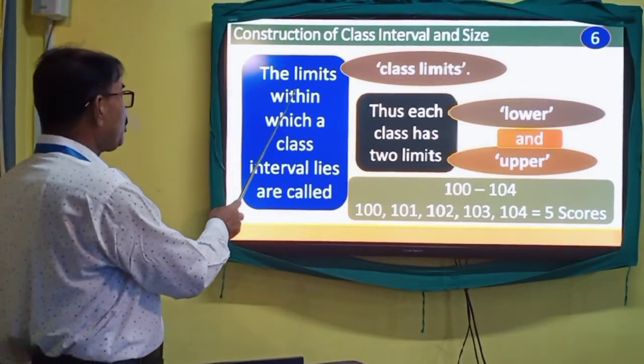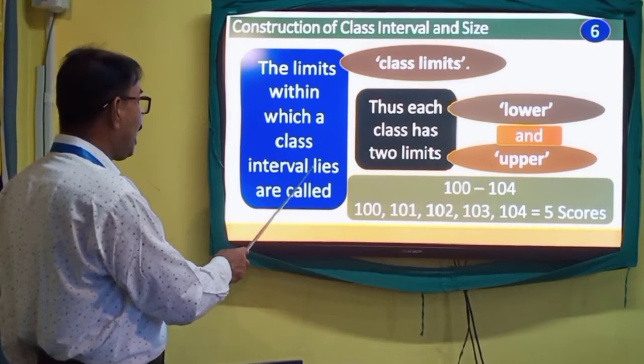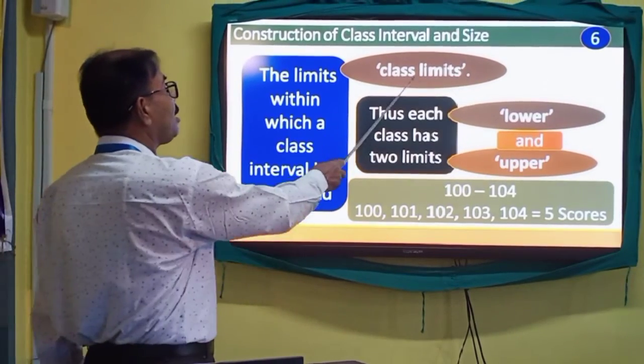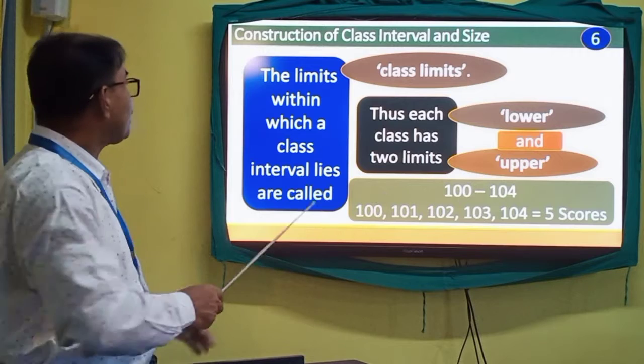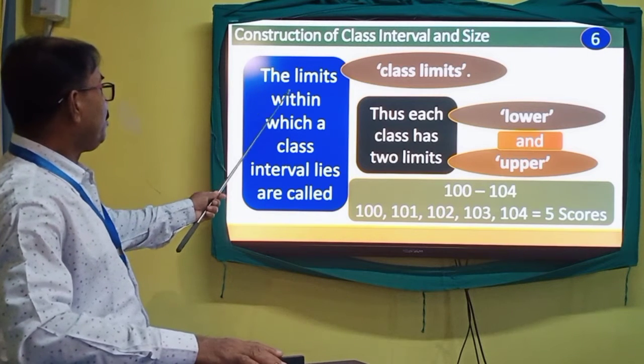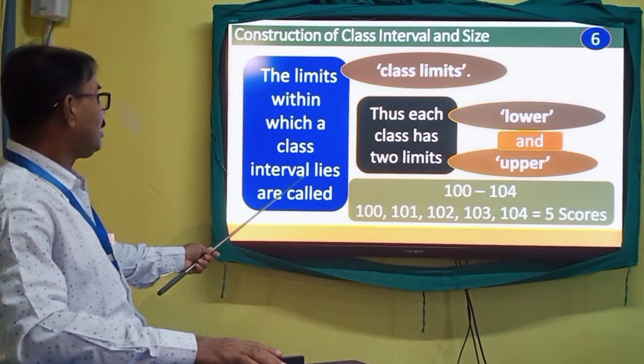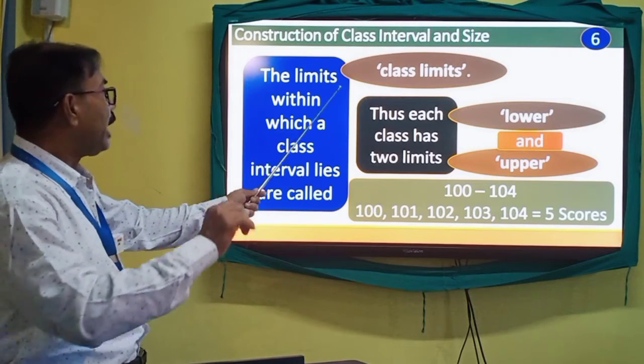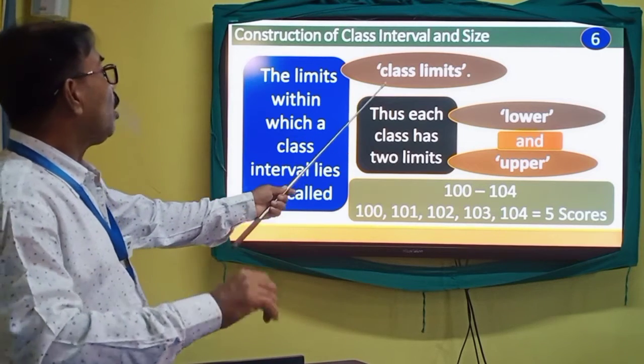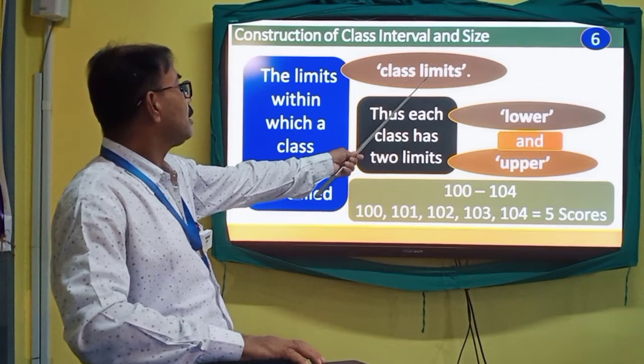The limits within which a class interval lies are called class limits. If it is asked in your examination, the limits within which a class interval lies are called class limits.